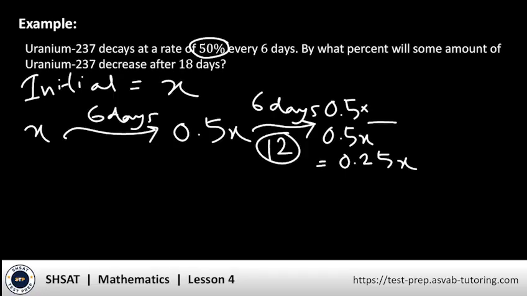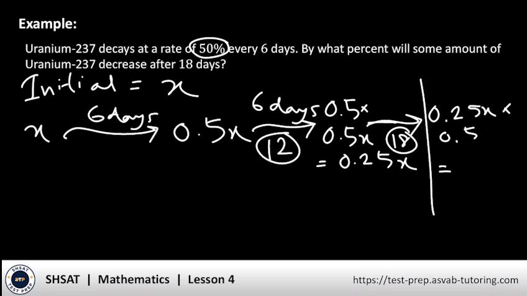And again, because it's asking what it is after 18 days, we need to go another 6 days. So after 6 more days, it's going to be 0.25x times 0.5. If you do the math, it's going to be 0.125x.